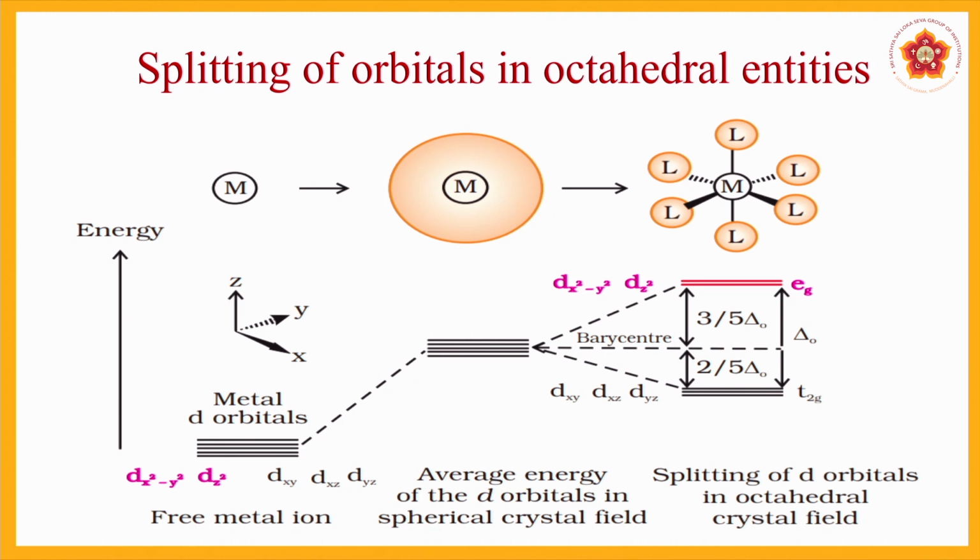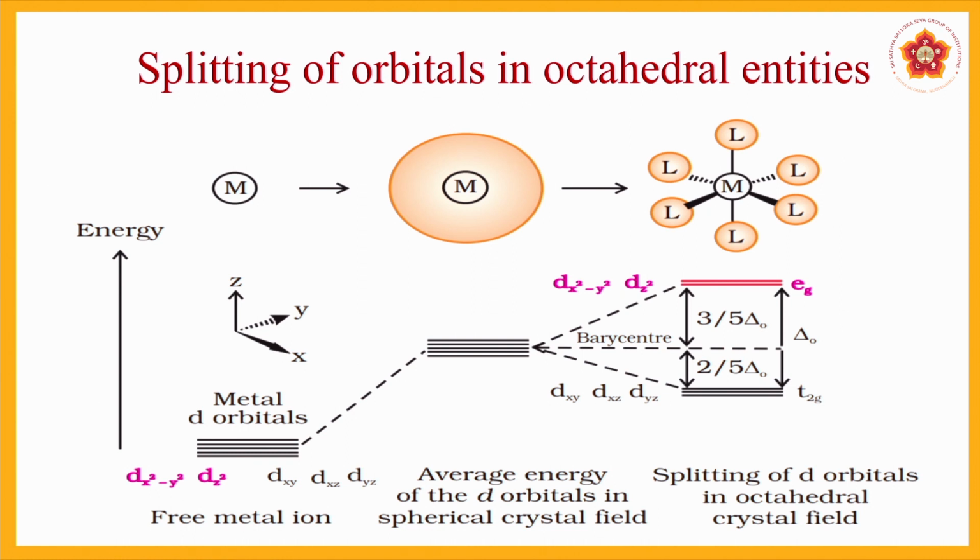And see what is written down, free metal ion, which means that only the metal is present. Now when the ligand has attacked, what has happened? All these d orbitals have risen in their energy. Always remember, higher energy indicates lower stability, and in this case you can see that dxy, dyz and dzx are kept lower, and dx square minus y square and dz square are kept higher.